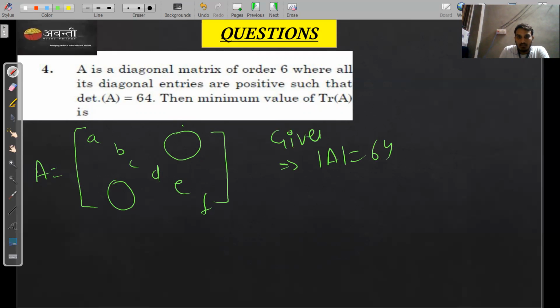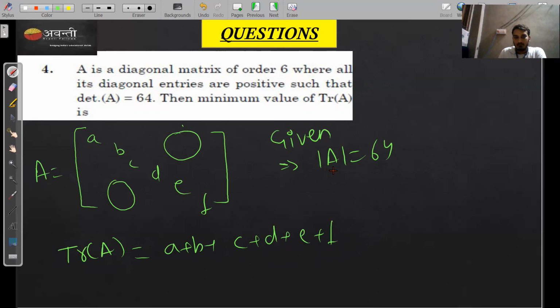I have to find the minimum value of trace of A. Trace of A is the sum of the diagonal entries, so a plus b plus c plus d plus e plus f.